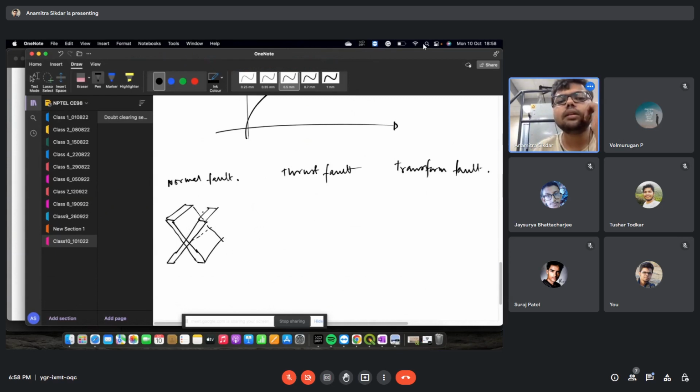What will happen in the case of a normal fault? Don't bother about the drawing.